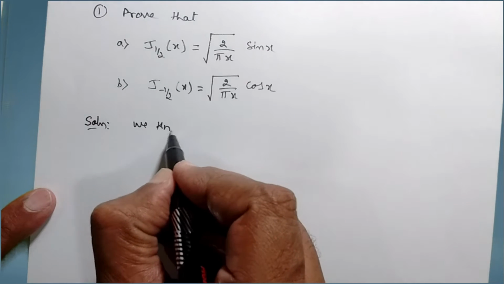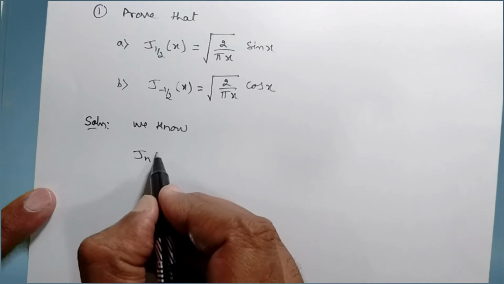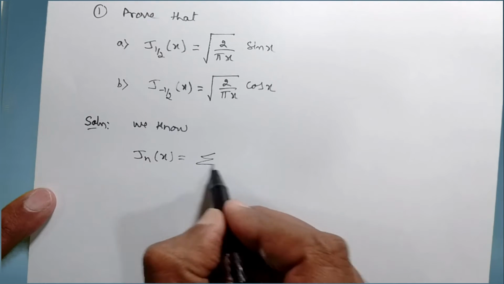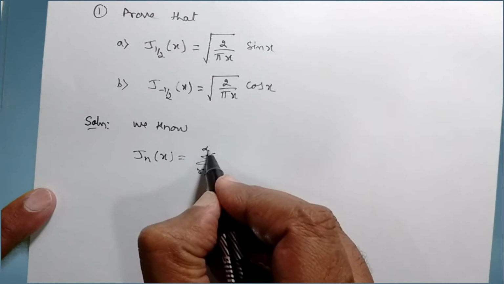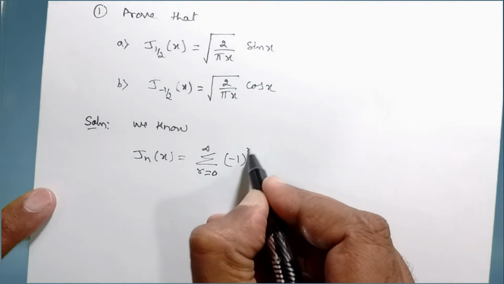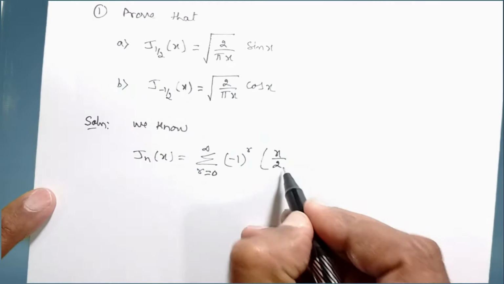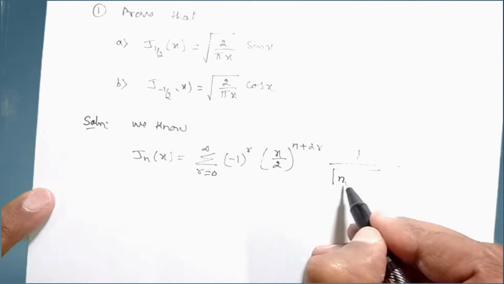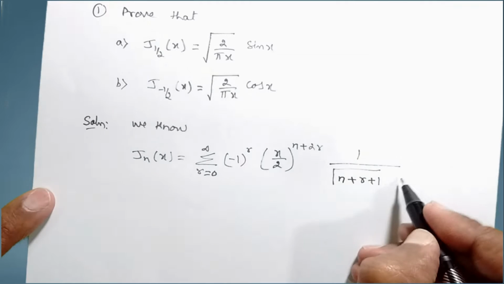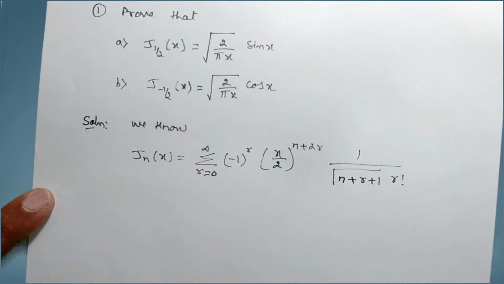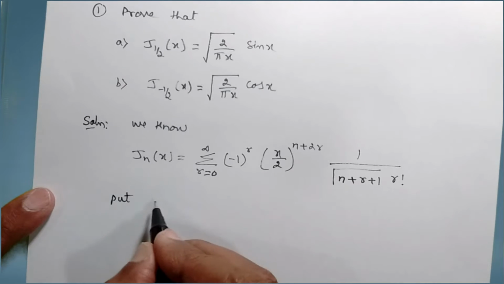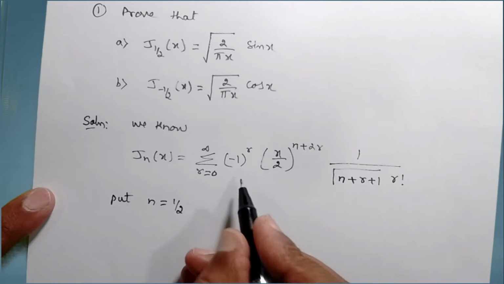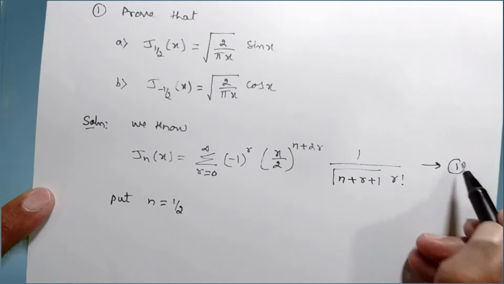So we know the Bessel's function Jn of x equals the summation of r equals 0 to infinity of (-1)^r (x/2)^(n+2r) into 1 by gamma of (n+r+1) into r factorial. Put the value of n equal to half in this equation, which you can take as equation number 1.